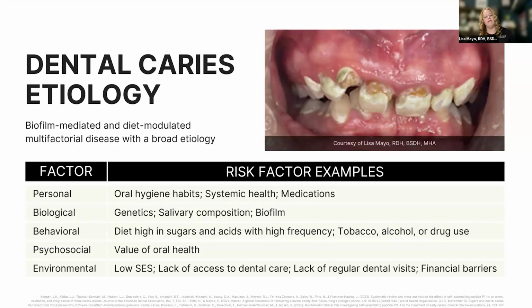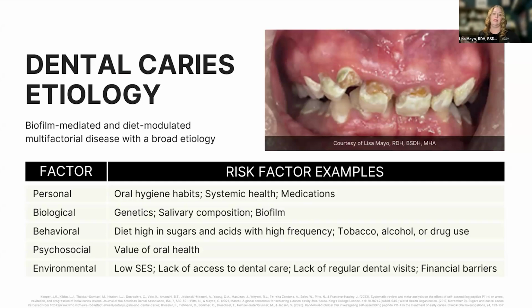Dental caries is a very complex disease process. It is biofilm mediated, so we have to have bacteria in the mouth that munch away the fermentable carbohydrates and they secrete lactic, formic, and acetic acid into the mouth. That causes the demineralization that you see on my patient here.